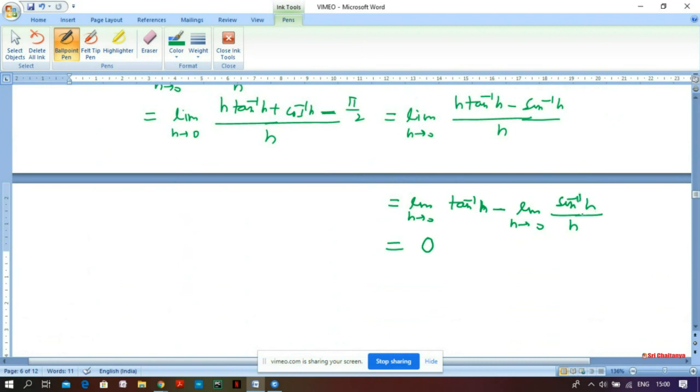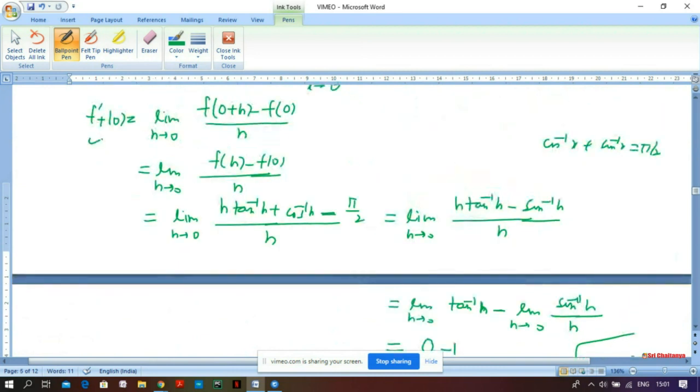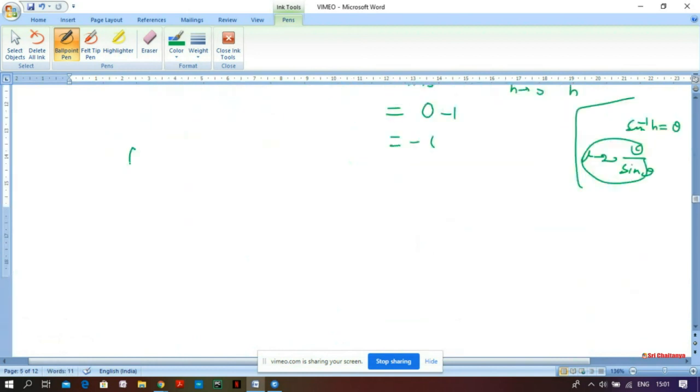It's like theta upon sine theta, and that limit is 1. If you are wondering, let's put sine inverse h equal to theta. This becomes theta over sine theta, as theta tends to 0, and that limit becomes 1. So this is negative 1. It means we got f prime plus 0 as negative of 1.